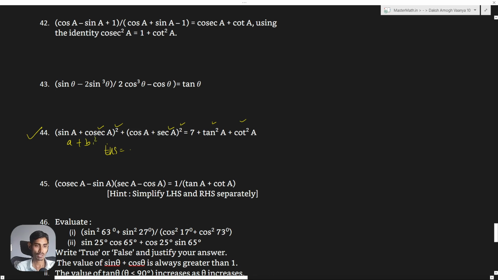A plus b whole square. Naveen, what is a plus b whole square? A square plus 2ab plus b square. So a square plus b square plus 2 into a into b.